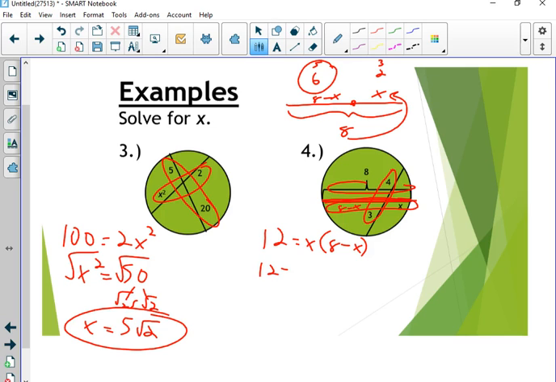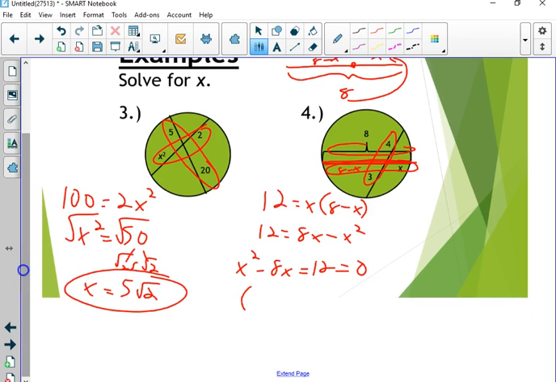So that gives me 12 equals 8x minus x squared. So I'm going to move my x squared over. I'm going to move my 8x over and leave the 12. And now I have a nice simple factoring problem. I need two numbers. That's supposed to be plus 12, not equals 12.